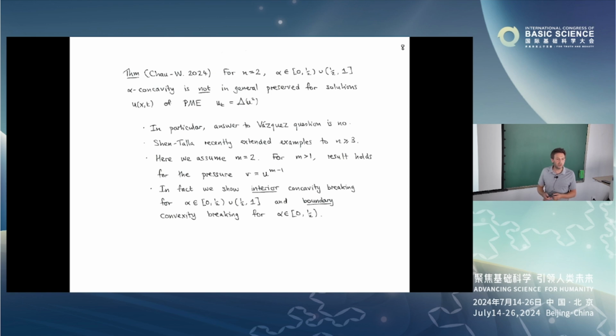The second thing we show is boundary convexity breaking, and this happens when alpha is between 0 and 1/2. On the other hand, we show that boundary convexity breaking cannot occur when alpha is between 1/2 and 1. So our results are optimal in this sense. We have two types of convexity breaking.